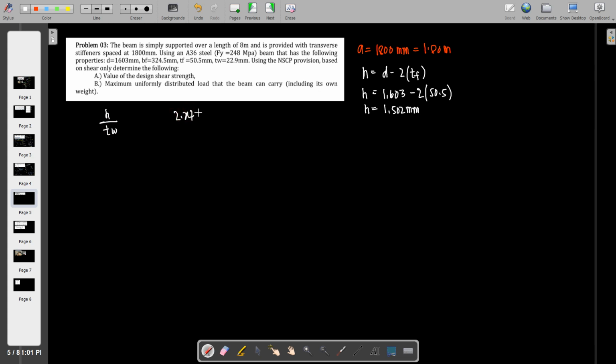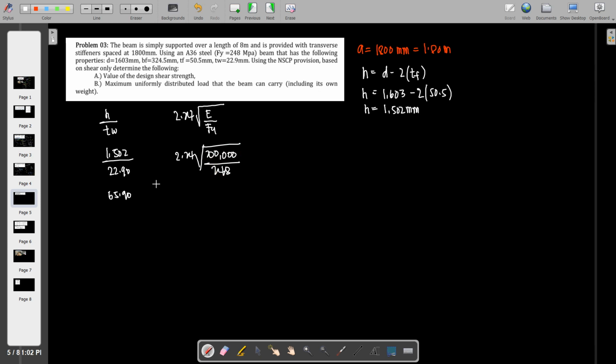So again, first things first, we check what will be the relationship of this comparison of this expression. Okay, so we have 1502 divided by the thickness of the web, 22.9, and then in here 2.24 square root of 200,000 all over 248.